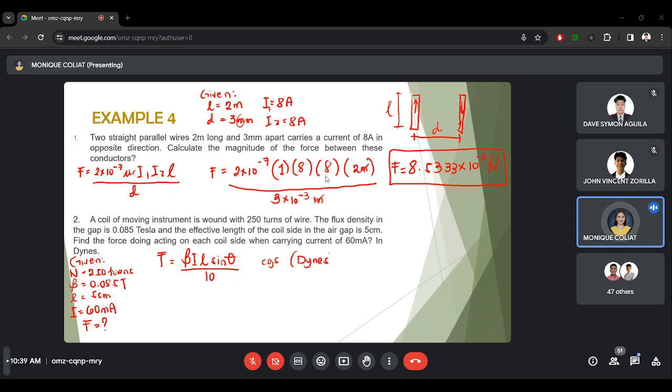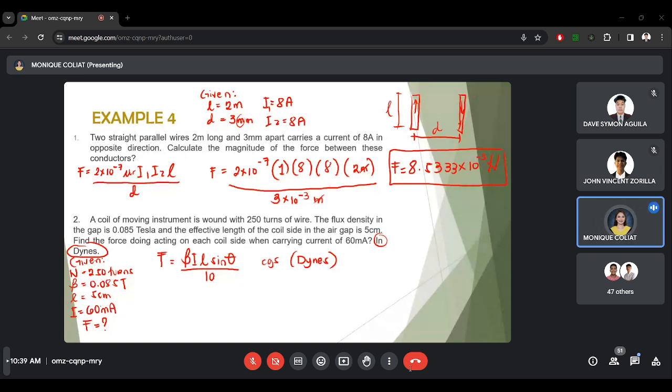Why in dynes? Because that's what is asked. That's the unknown force in terms of dynes. So we will use the formula in CGS because it's the force in dynes. That means you have to convert everything in CGS.